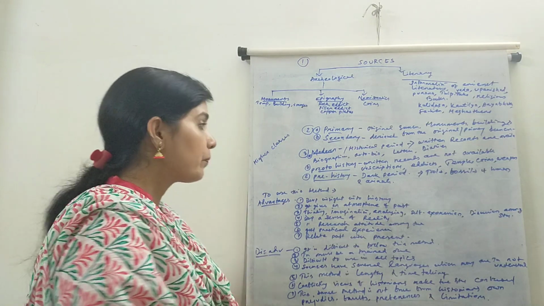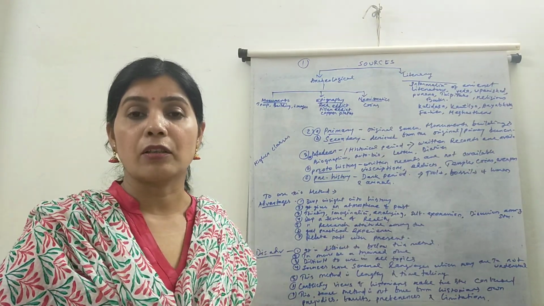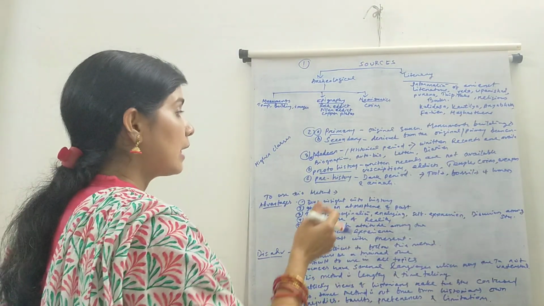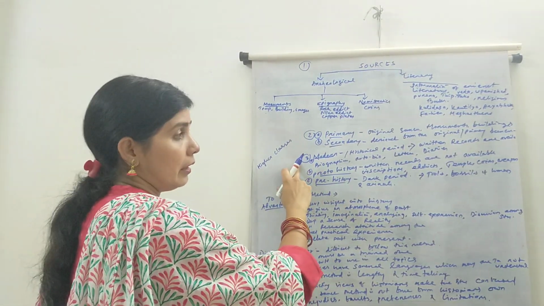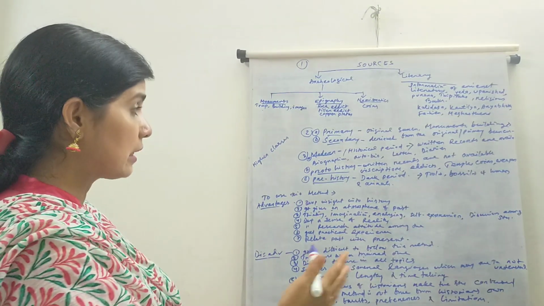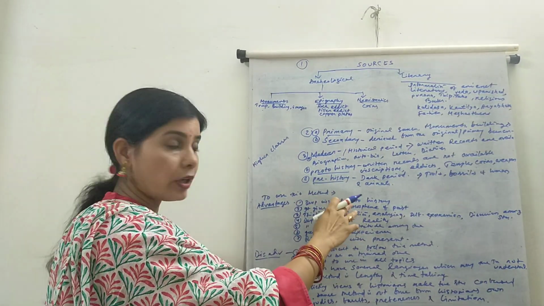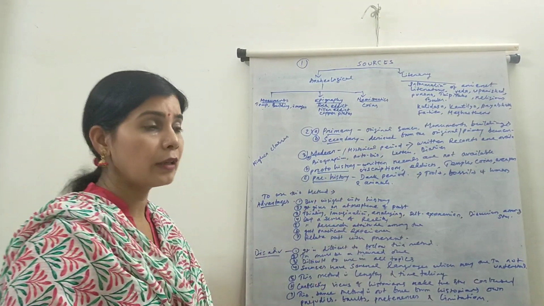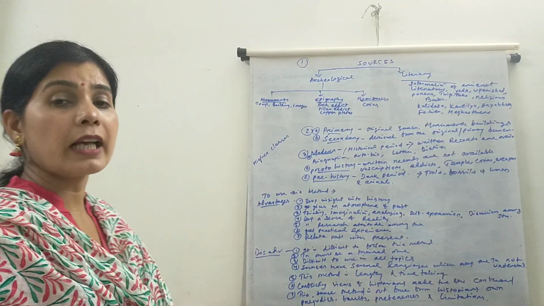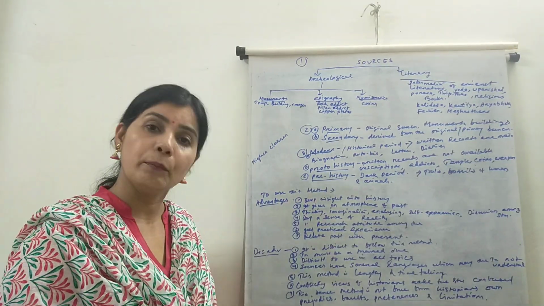Then again the sources to collect information about our past are divided, history is divided into modern period, then proto-historic period, then prehistory period. Modern period is that period where we have written documents about our past.